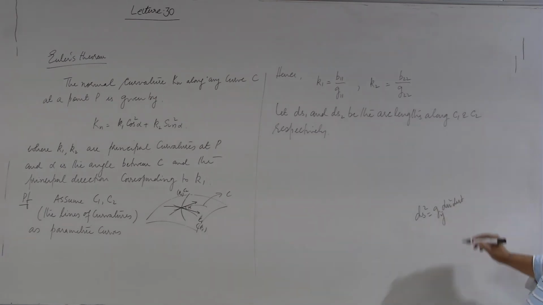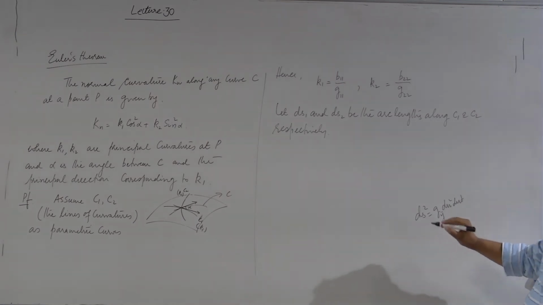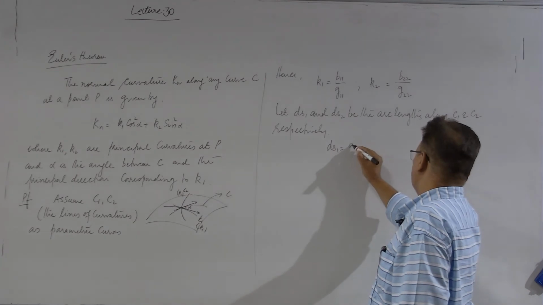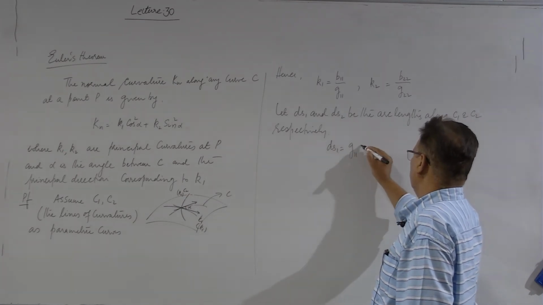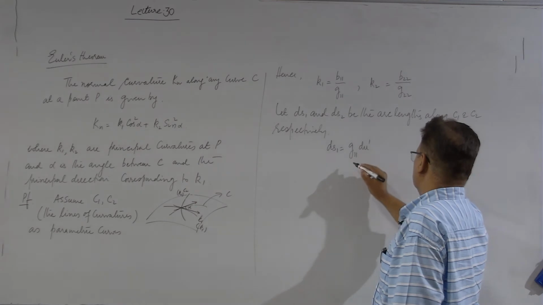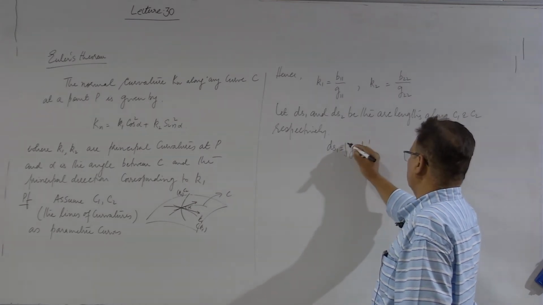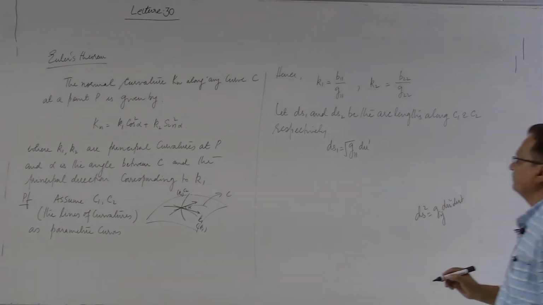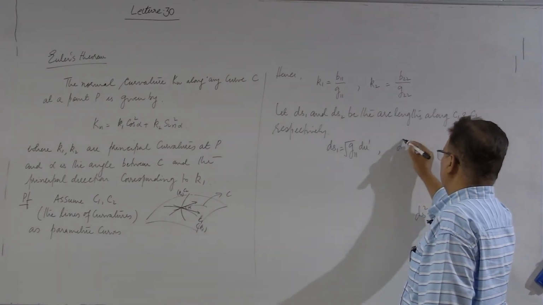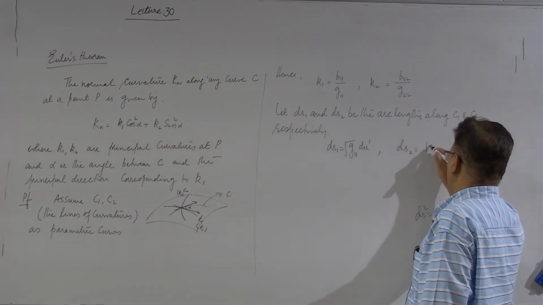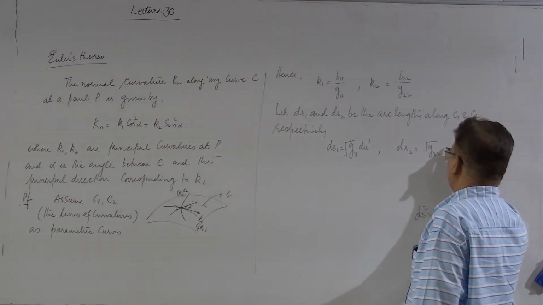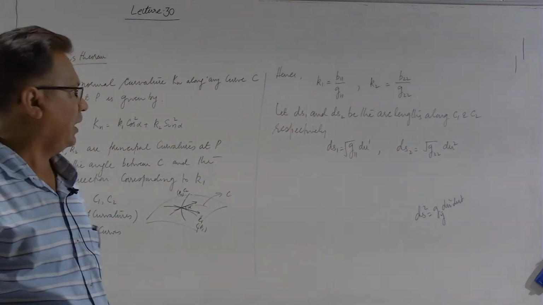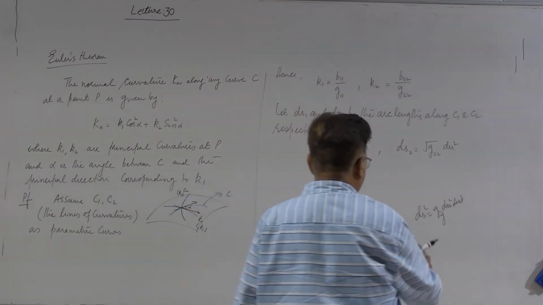For the u1 curve du2 is 0, so ds1 square will be equal to g11 into du1 square, so ds1 is under root g11 into du1. Similarly, ds2 will be under root g22 into du2. So, these are the arc lengths along C 1 and C 2.